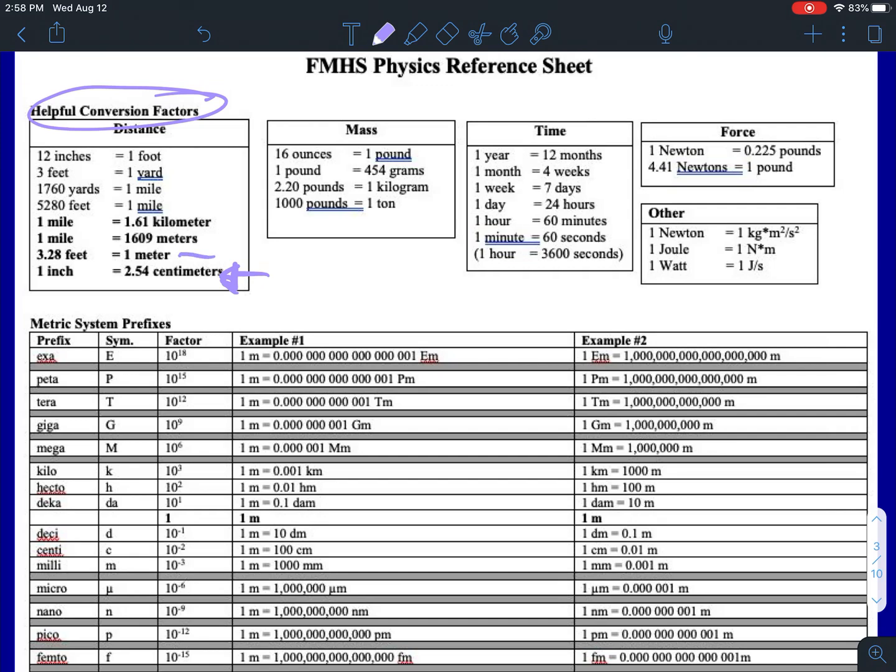You can go from feet to meters. You can go from miles to meters. So if you've got a non-metric measurement, you can easily convert it using this sheet. You've also got mass, you've got time conversions. Eventually we'll start talking about things like weight and forces. So you've got lots up here at the top.